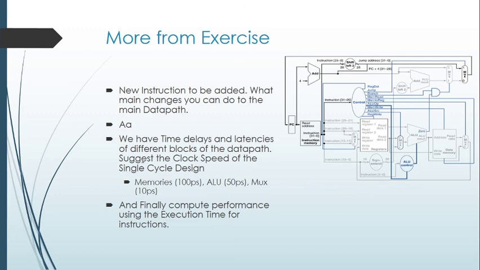Similarly, we have time delays and latencies of different modules. We can get the clock period for this design by calculating all the latencies of the different modules. And finally, we compute the performance using the execution time for instructions. So execution time is important.